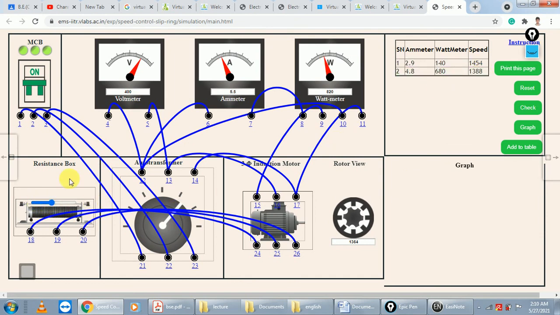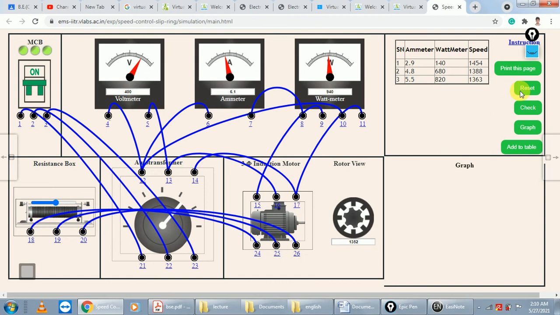Again increase the value of rotor resistance, current is 5.5 ampere and power consumed by this machine is 820 watt. Click on add to table and again increase the value of rotor resistance.